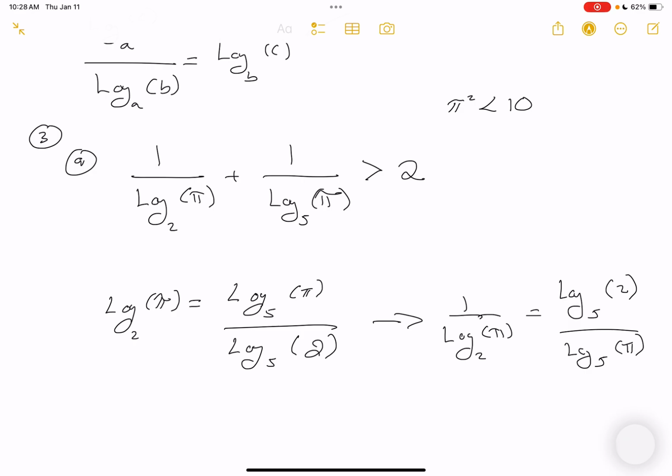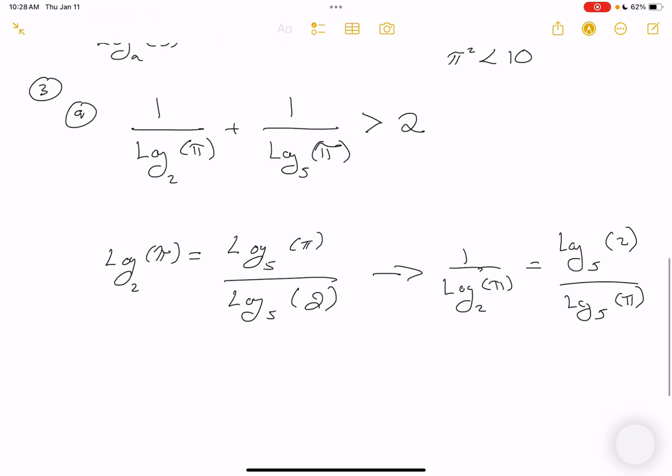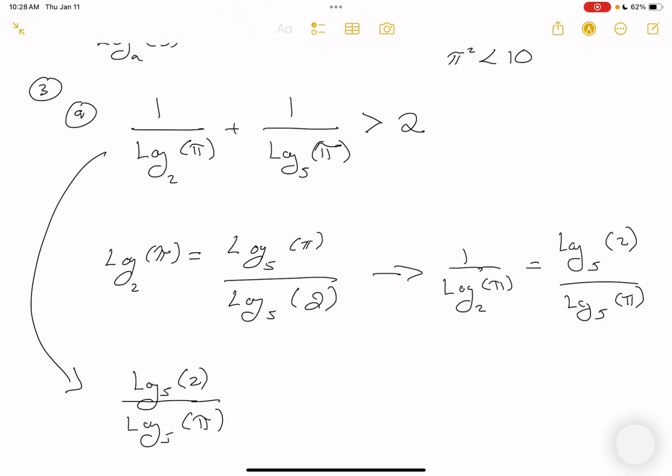Let's see if we can write that down, if it makes any sense. We're going to rewrite this one using that base change we just did. So what do you get over here? You get log base 5 of 2 over log base 5 of pi, and then plus 1 over log base 5 of pi.